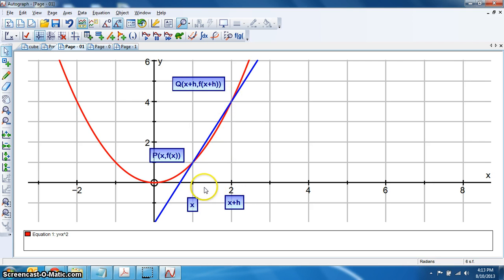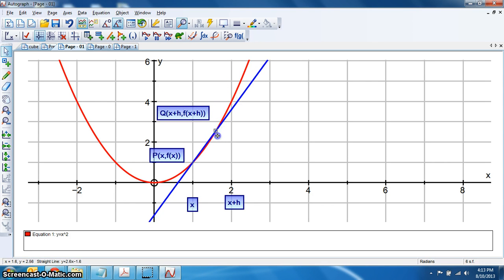We're going to let h be the x distance between P and Q. So if h is the distance between the x coordinate of P and the x coordinate of Q, then x plus h will give the x coordinate of Q. And notice again, just like before, as Q is approaching P, then h is going to 0.